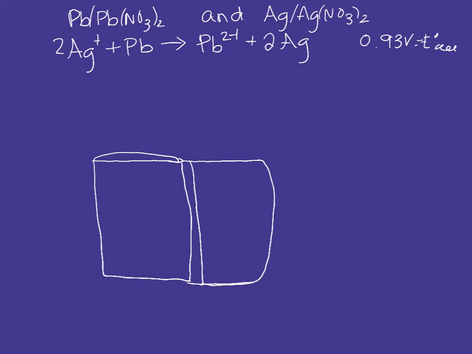Instead of two separate beakers, it's actually like one giant beaker separated by the salt bridge. In this case, the salt bridge is in between. It's a porous membrane that makes it up, and it allows the ions to flow through, but doesn't allow the two solutions to mix.